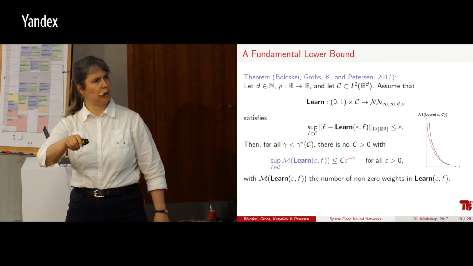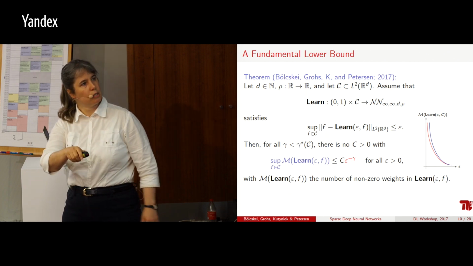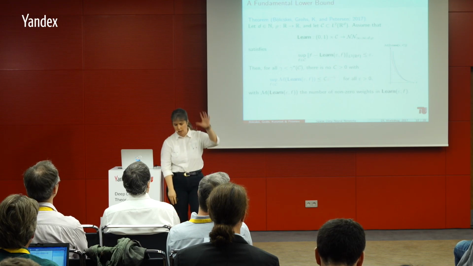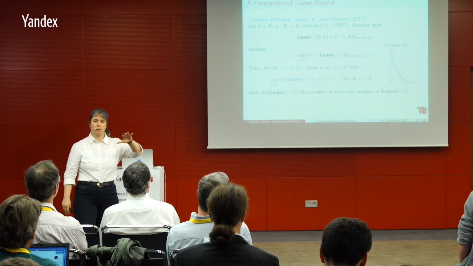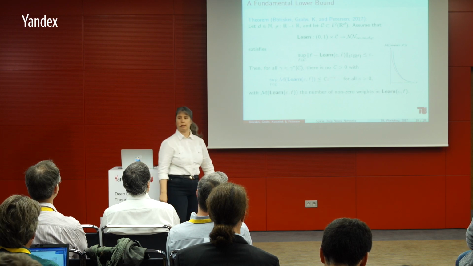So I have this bound, which is maybe this red curve. So this says the number of edges in these approximating neural networks is in some sense above this curve. So as epsilon goes to zero, for instance, the number of edges has to grow faster than epsilon to the minus gamma.